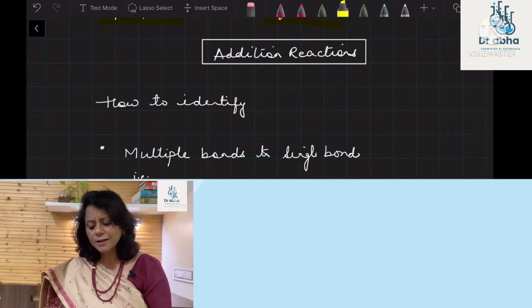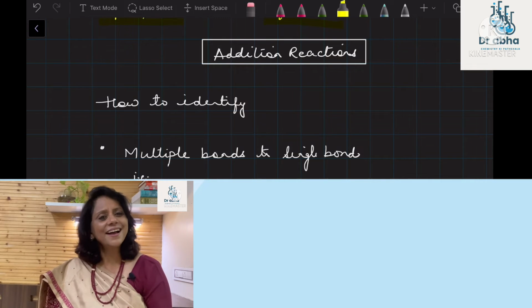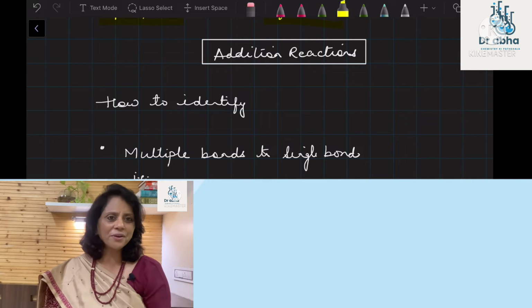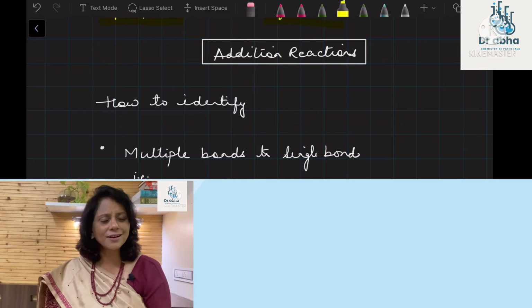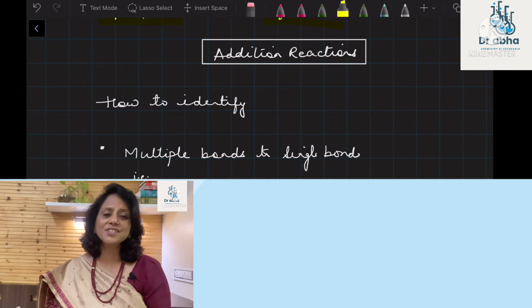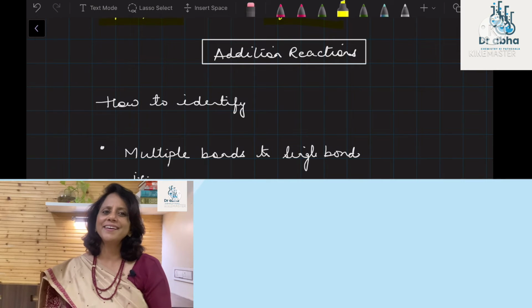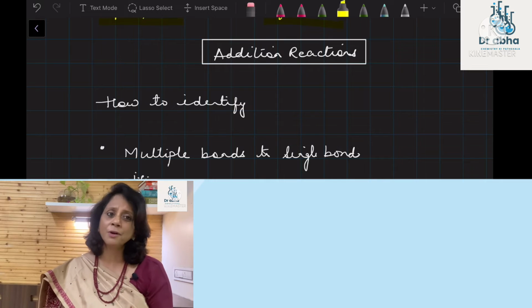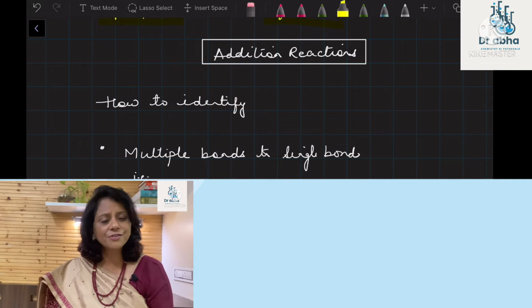Okay, so the third basic type of reaction is the addition reaction, something which you called combination reaction in your previous junior classes. So in organic chemistry, addition reactions are reactions which are generally performed on unsaturated compounds. Wherever you see carbon double bond, carbon triple bond, carbon-nitrogen triple bond, carbon-oxygen double bond, right?